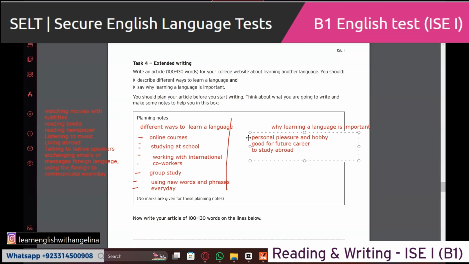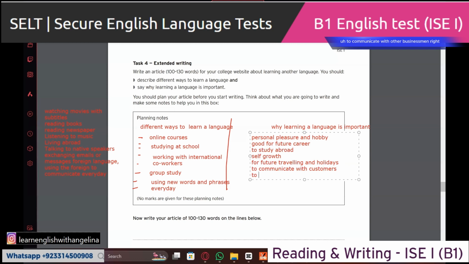Why learning a language is important for self-growth, for future traveling and holidays, and a future good job. Career means job. To communicate with customers, to communicate with other businessmen, right?